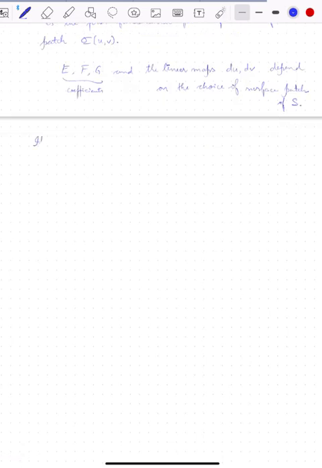So now if say we have gamma vector and it is a curve and it lies in the image of a surface patch sigma vector, then we have gamma vector t is equal to sigma vector, which is a function of u(t) comma v(t).